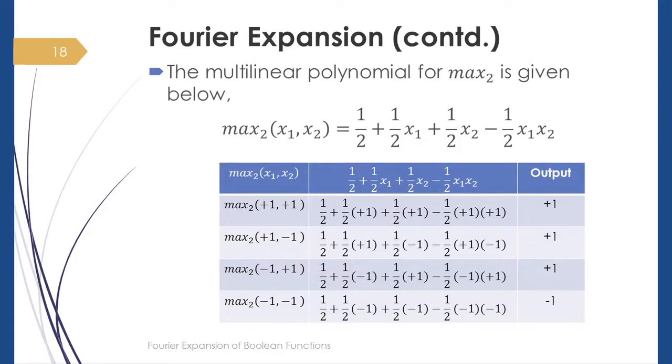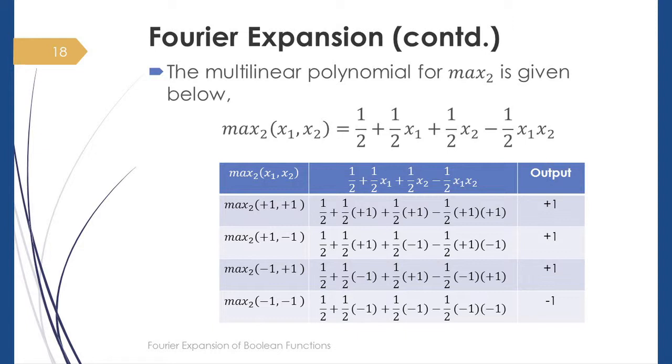So, the multilinear polynomial for max2 we show as if we pulled it out of a hat like a magic trick: half plus half x1 plus half x2 minus half x1 x2. In the table below, we verify this fact, where each row of the table represents a distinct input to the max2 function, and the last column represents the column vector of the outputs, which we call the vector representation of the max2 function.